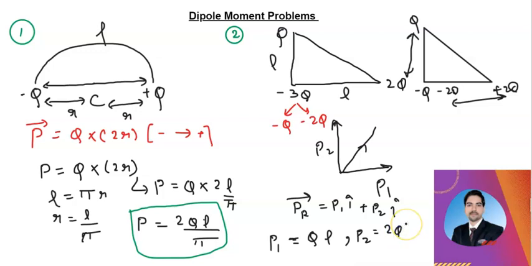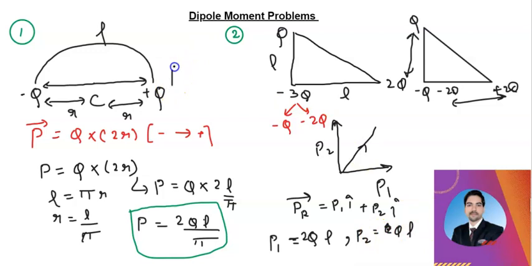Sorry, P1 will be Q into L, because we are taking this to be minus 2Q and plus 2Q; this is P2. So P1 will be how much charge is given? 2Q, and P2 will be Q into L. So we calculated this.